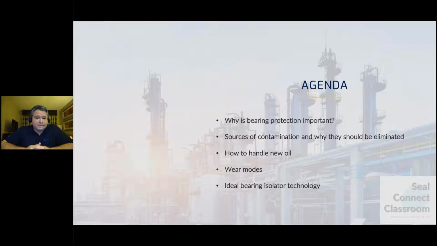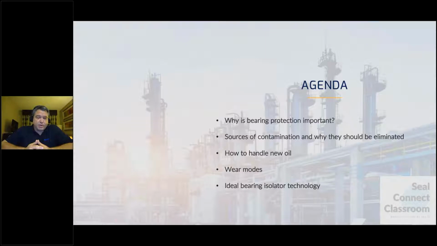We'll discuss lubrication and sources of contamination, why they should be eliminated, and how to control them. It's important to understand how to handle new oil, how to handle lubricants in general, from being new to making their way to our machines.